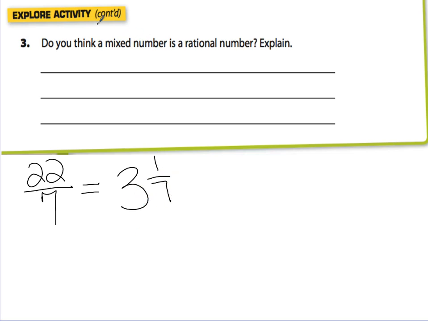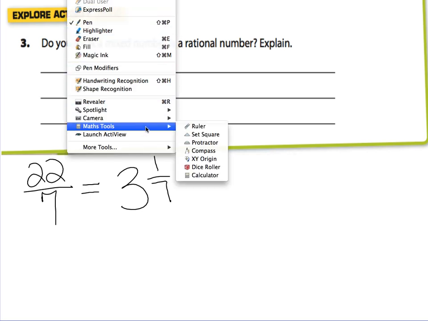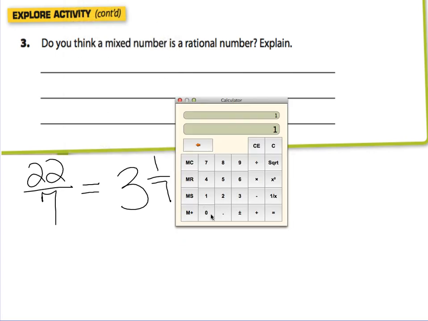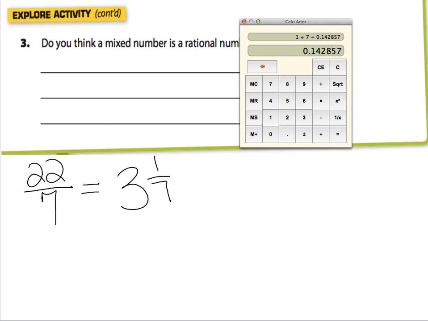Now, if you actually look at my calculator, get that back here. If I do 1 divided by 7, I get 0.142857. Okay, so this does end.